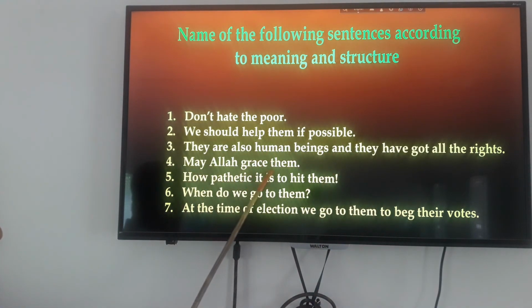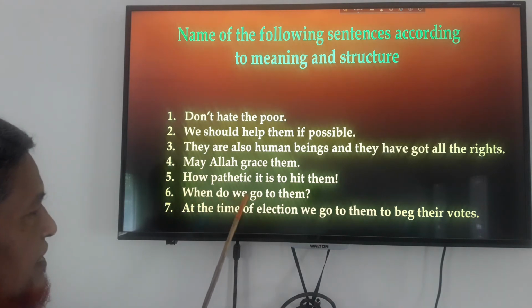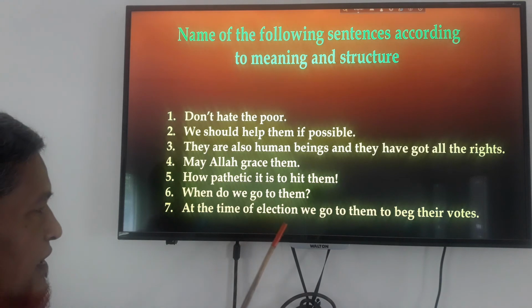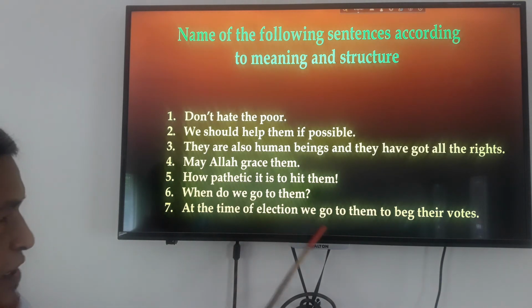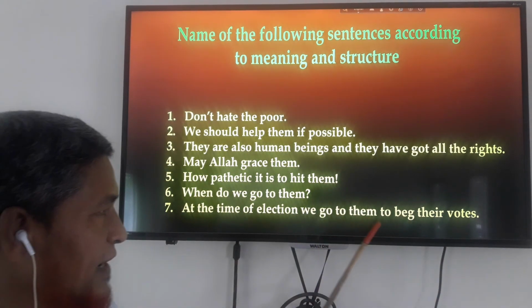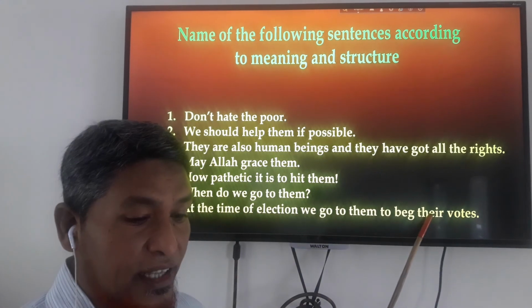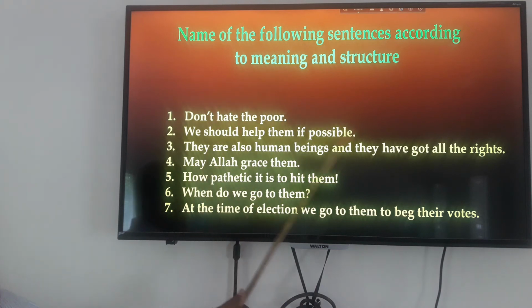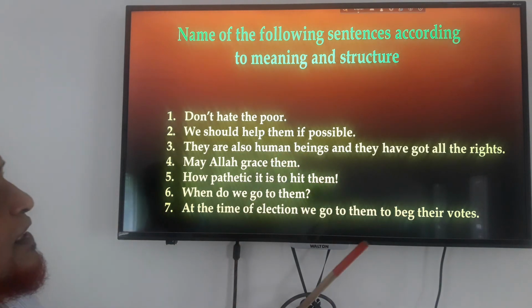May Allah grace them. How pathetic it is to hate them. When do we go to them? At the time of election. We go to them to beg their votes. So you will have to correct the name of the sentence. Which sentence is it?